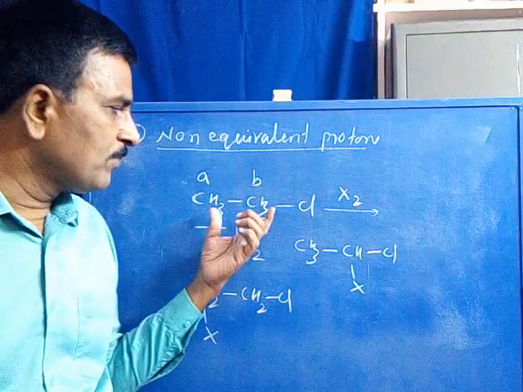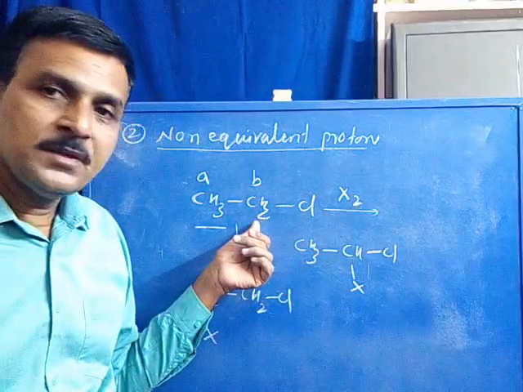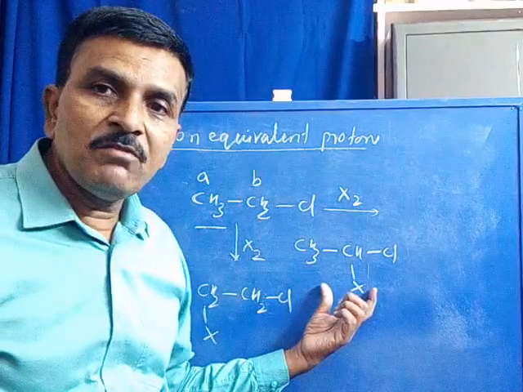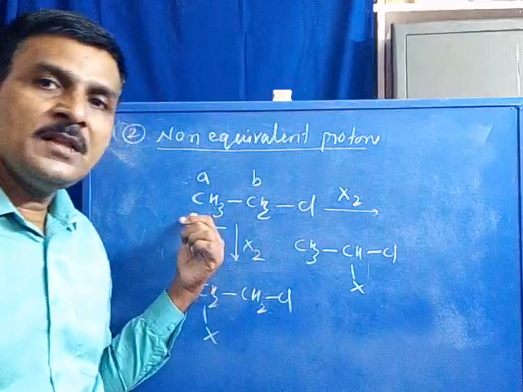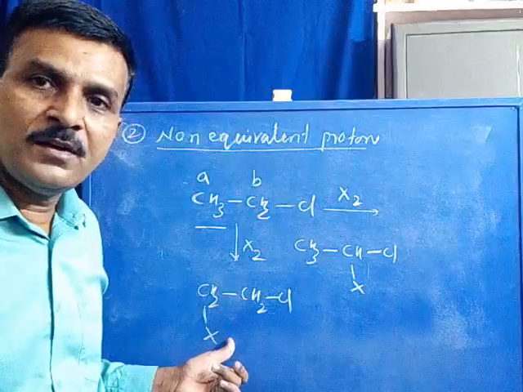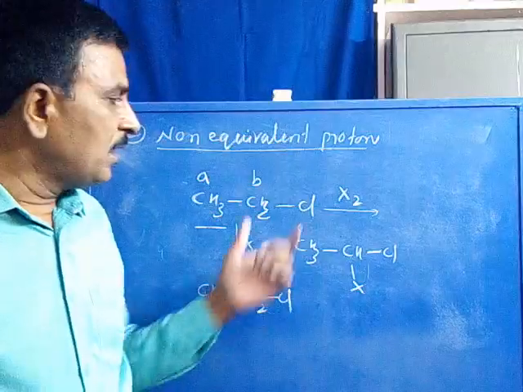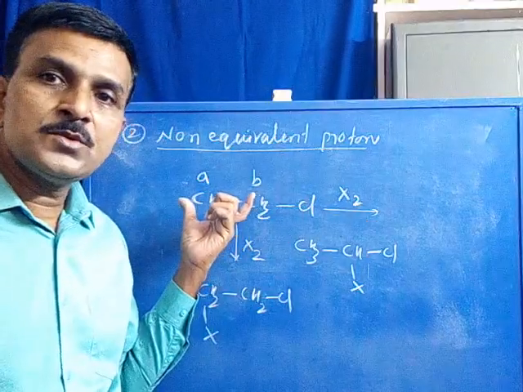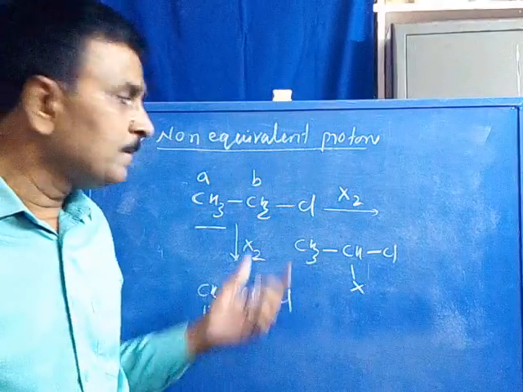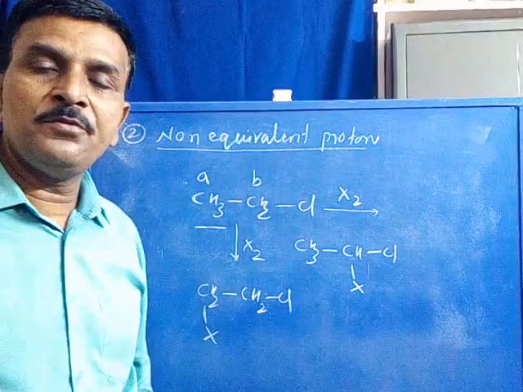You can see that on reaction of ethyl chloride with X2, if the proton is replaced from the B set, that is the CH2 group, we get one product; if replaced from the CH3 group, we get another. These two products are different. That is, on chemical reaction, these two sets of protons result in two different products. That indicates the chemical environment of CH2 is different from the chemical environment of CH3.